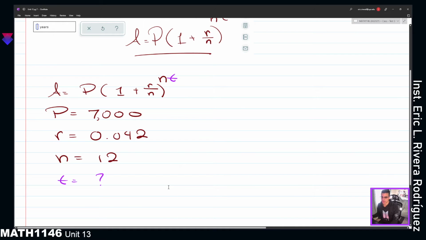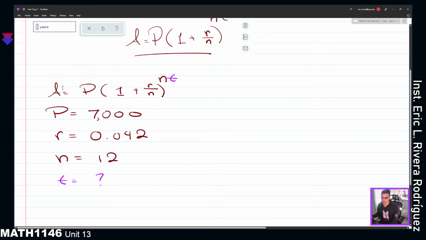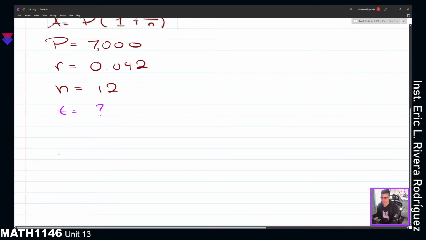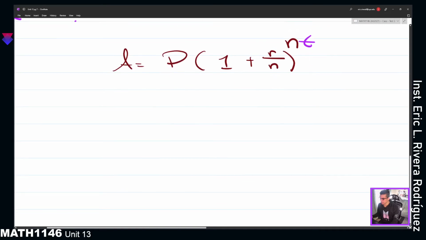So I'm not going to substitute those values yet. I'm going to be working with the variables. I'm going to isolate t, and then after doing that, I will substitute the values that we have to get the value of t. So our goal is to isolate t.